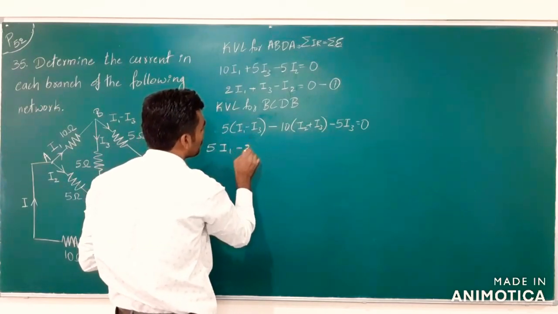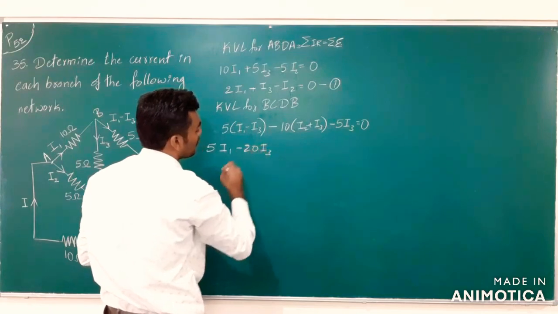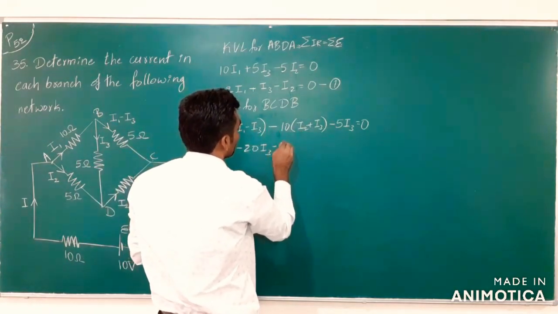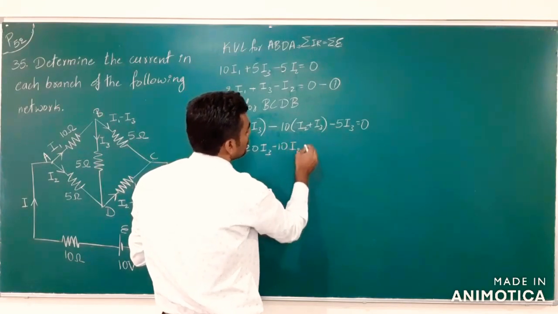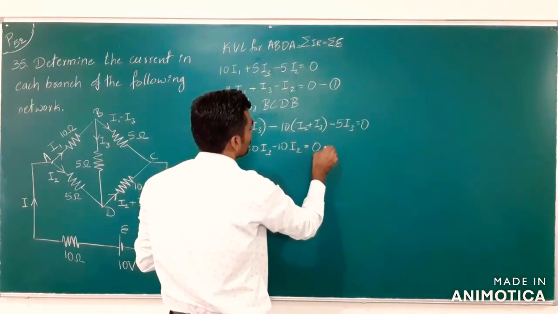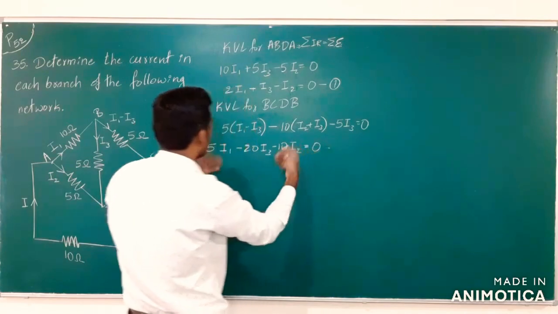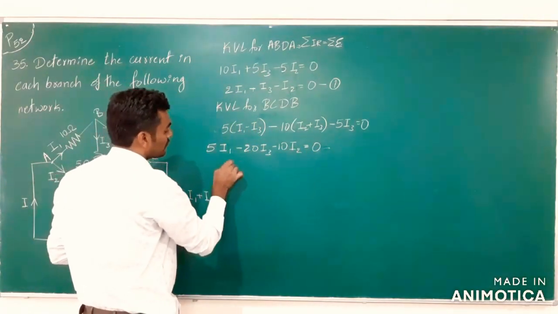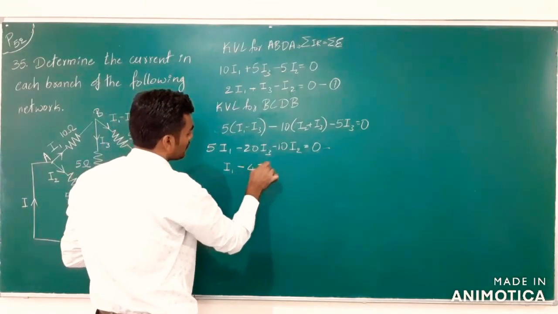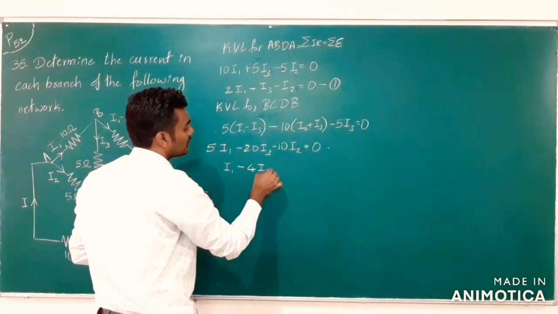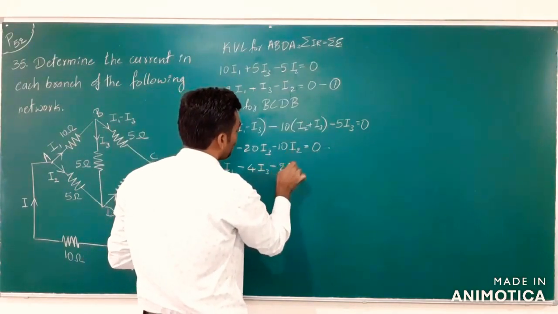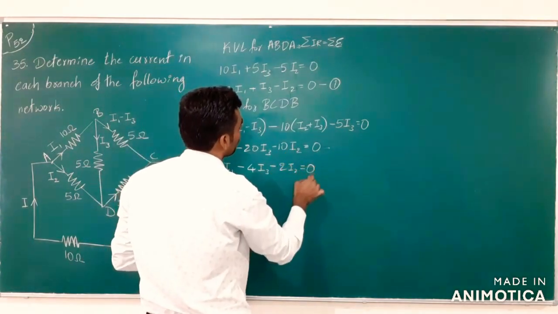So it is minus 20 I3, and then minus 10 I2 is equal to 0. This is okay. Again, I can reduce this by dividing the entire equation by 5. So it will be I1 minus 4 I3 minus 2 I2 is equal to 0. Okay.